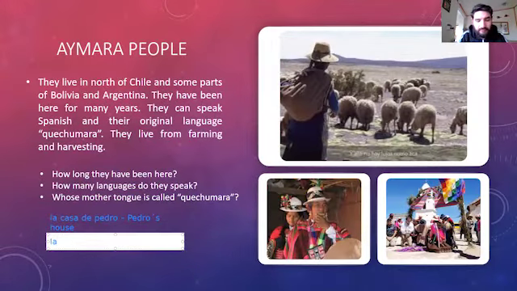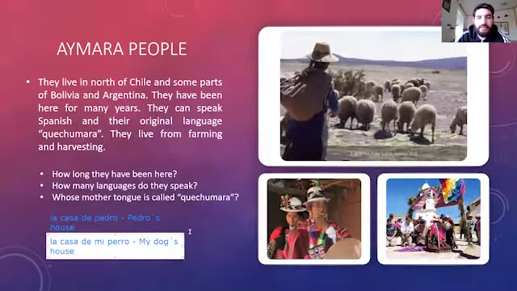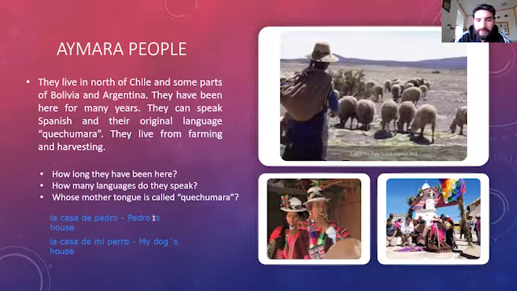La casa de mi perro. My dog's house. Entonces, así nosotros vamos a distinguir al tiro que el objeto del que estamos hablando, que en este caso es la casa, es de Pedro. ¿Ok? Que la casa de la que estamos hablando acá es de mi perro.